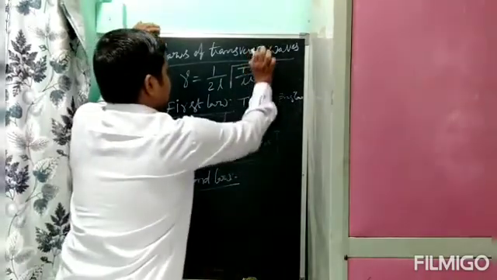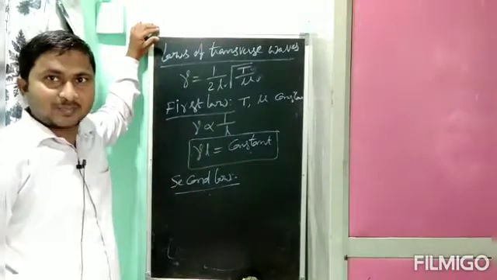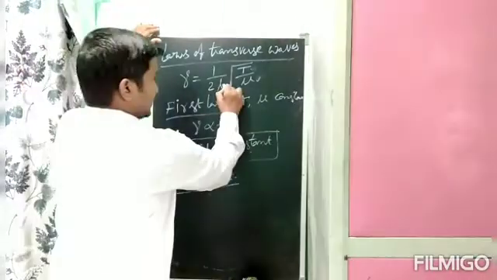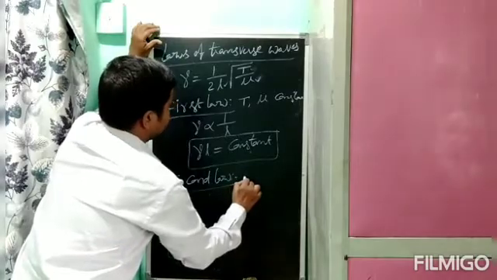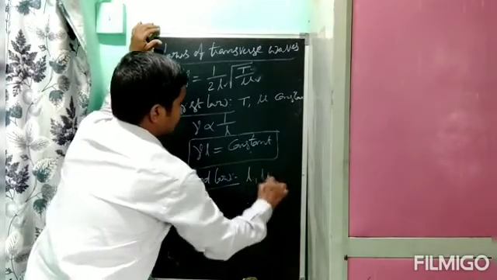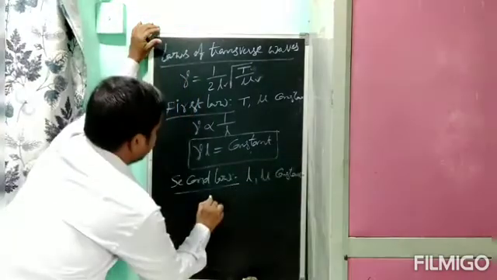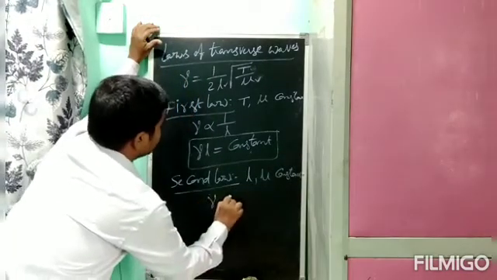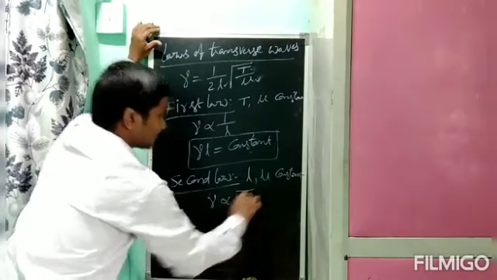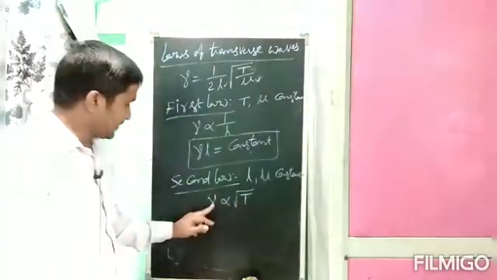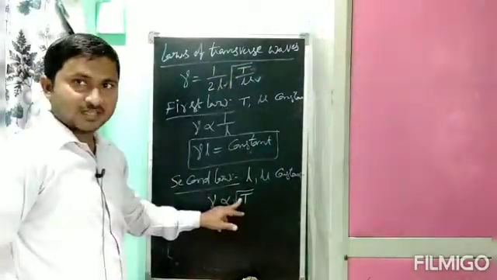Next is the second law. The second law states that when the vibrating length and linear density are kept constant, the fundamental frequency is directly proportional to the square root of tension in the string.